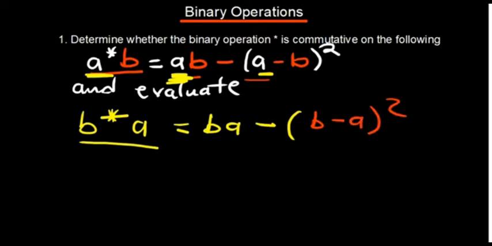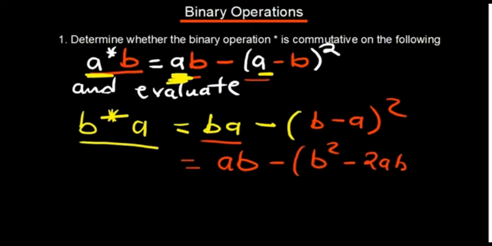We can try to expand. This part is going to be equivalent to AB because multiplication is commutative. Now let's try to expand what we're going to get there in the brackets. That is going to be B squared minus 2AB plus A squared. Okay, so that's what we have.